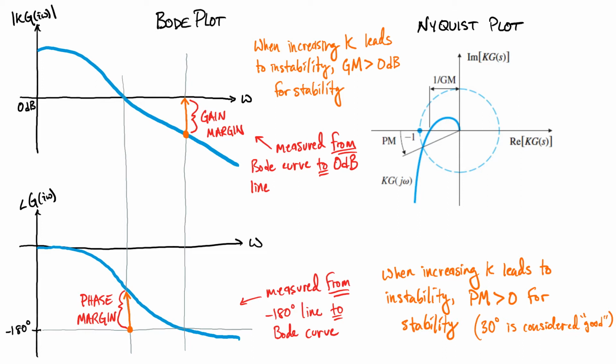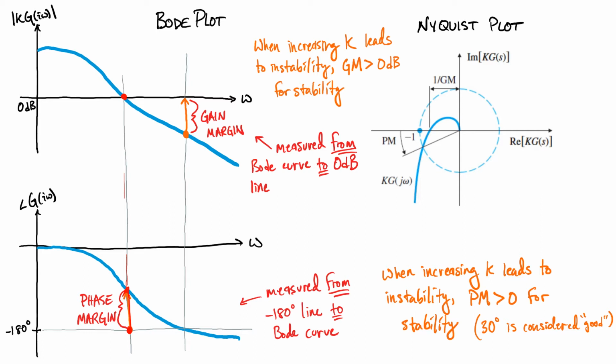The phase margin, for example, is identified where the magnitude is 1, so it's 0 dB. We're going to find that frequency value and identify how much extra phase we have beyond 180. So we measure it from minus 180 up to the phase curve.